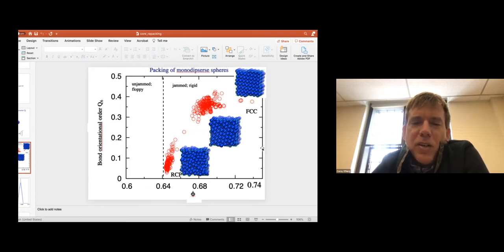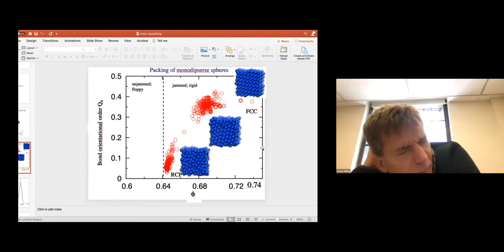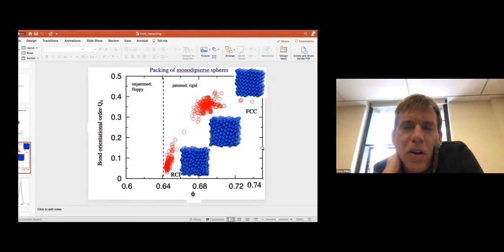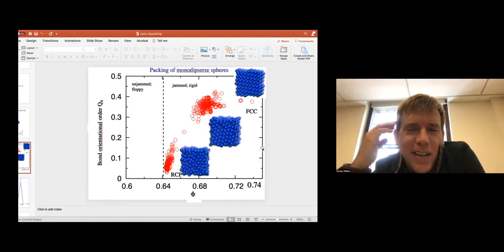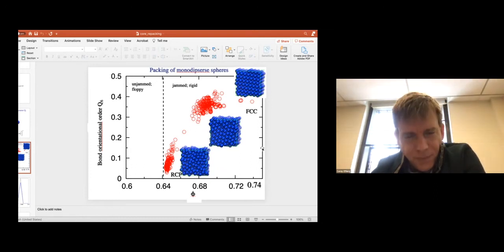In this particular slide, I'm talking about all the spheres being the same size. When I was talking about theorems to prove the densest packing, so far it's only been done for same-size spheres. But what happens if I have different size spheres?